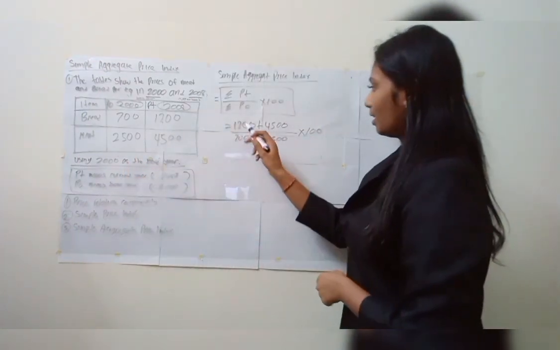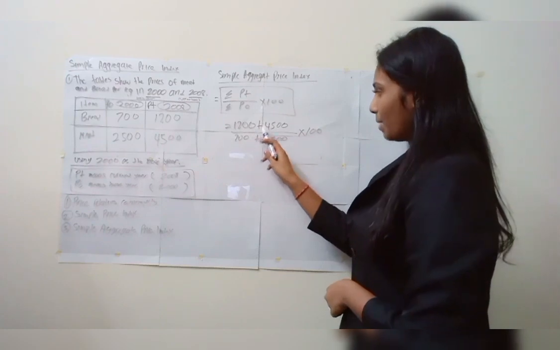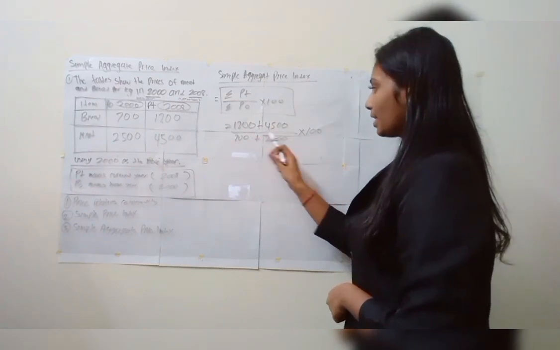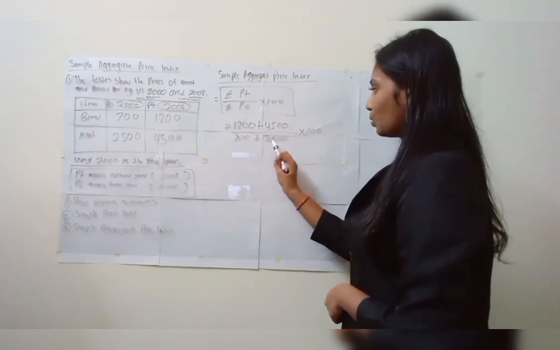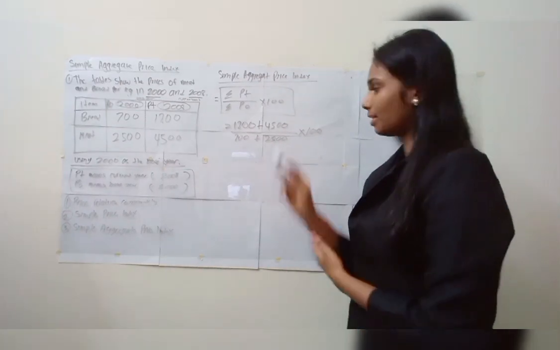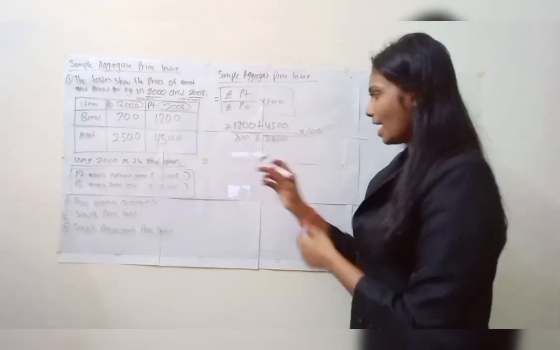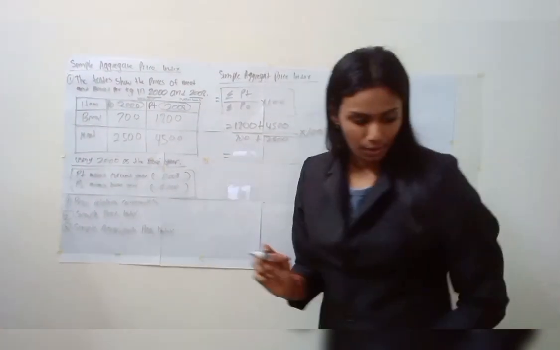So here 1200 plus 4500 divide 700 plus 2500 times 100. So let's calculate for the answer.